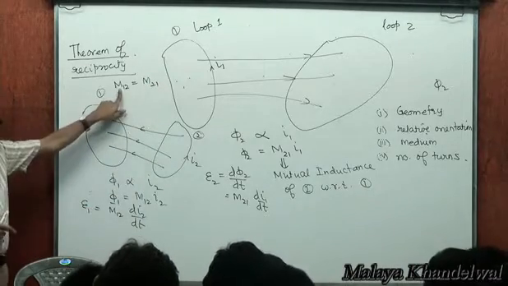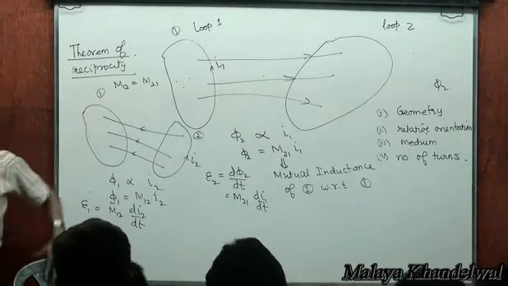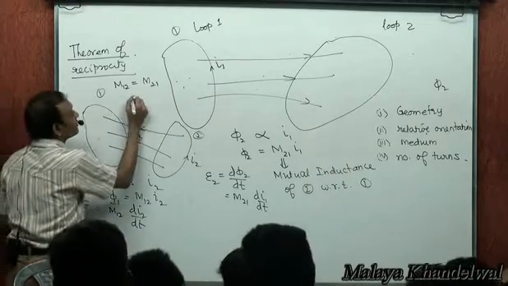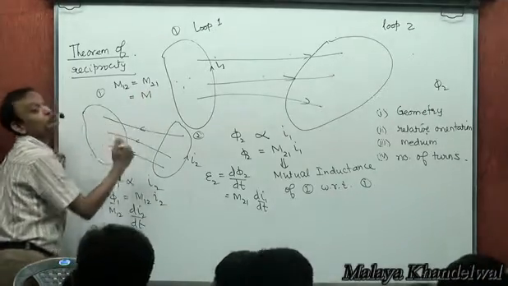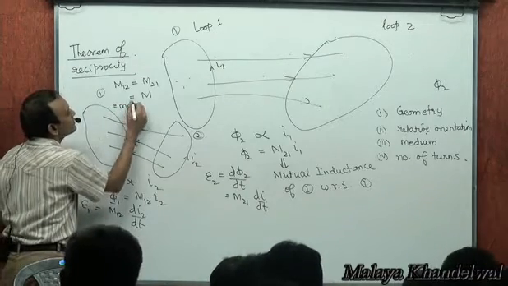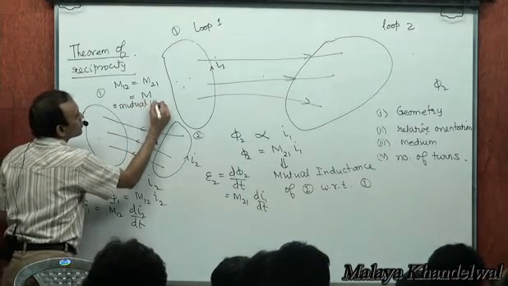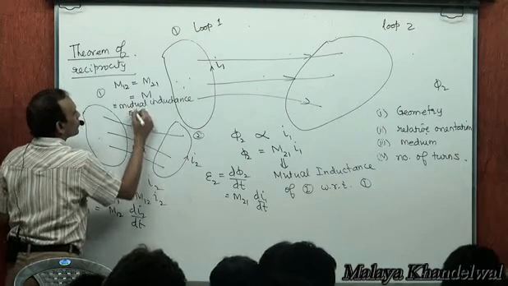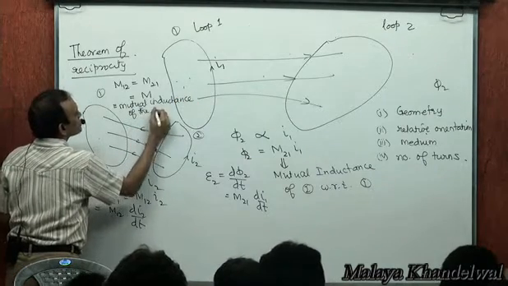The coefficient of mutual inductance of 1 with respect to 2 will be the same as the coefficient of mutual inductance of 2 with respect to 1, and each will be referred to as M, the mutual inductance of the pair of loops.